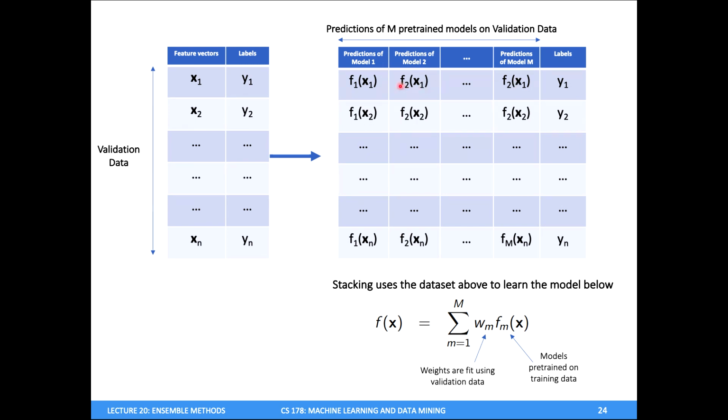So I could fit a logistic regression model on top of this new data set on the right-hand side. In this way, I'm going to be able to learn weights associated with each of my M classifiers. And really, this is all there is to stacking. I'll take questions in one sec.